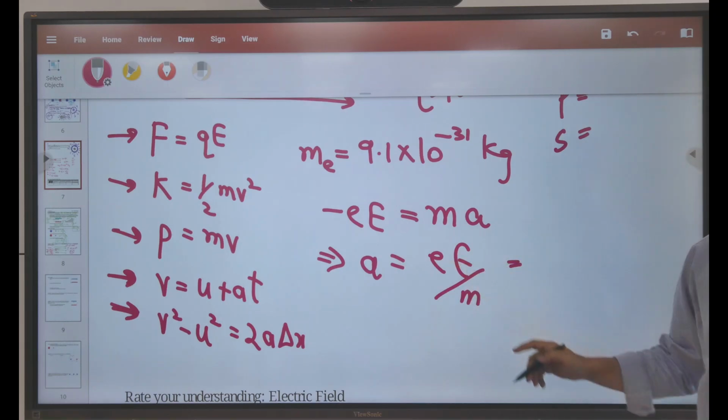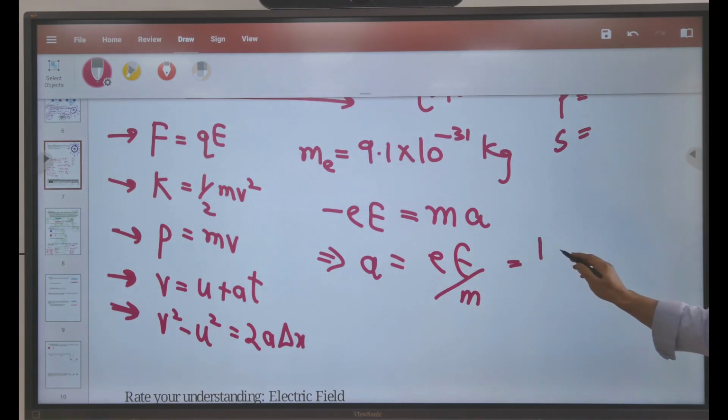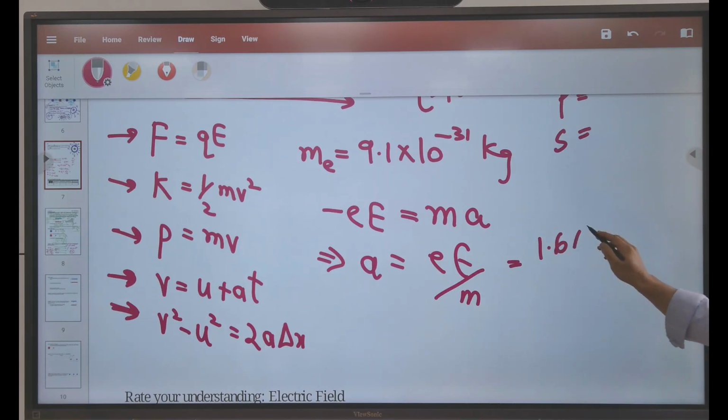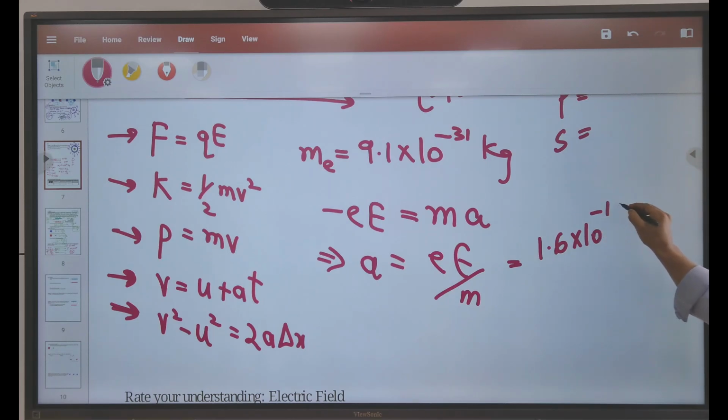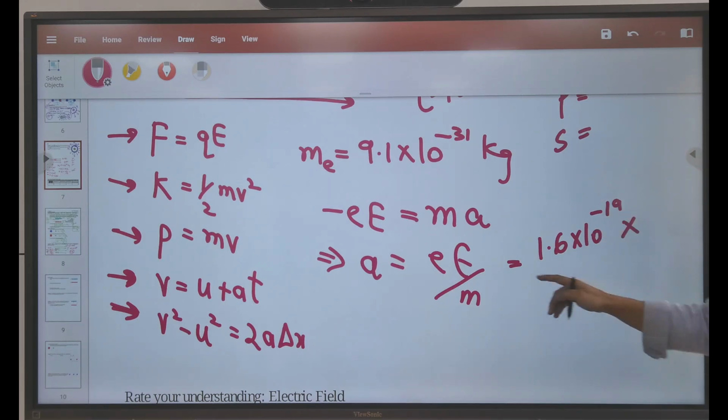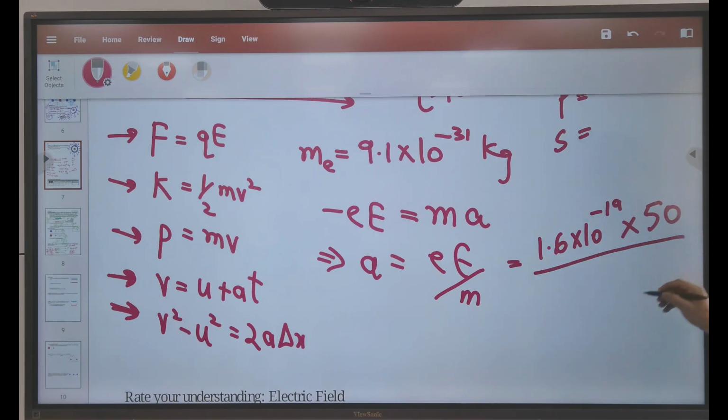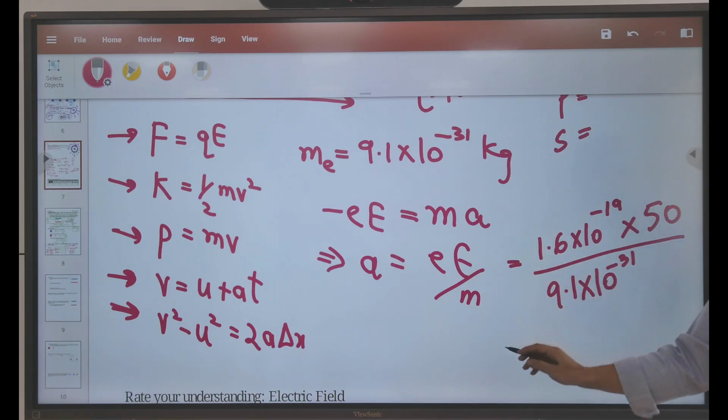What is the charge of an electron? 1.6 times 10 to the power negative 19, right? Times, what is the electric field? 50. What is the mass? 9.1 times 10 to the power negative 31, isn't it? Now first give me the value of the acceleration, come on.